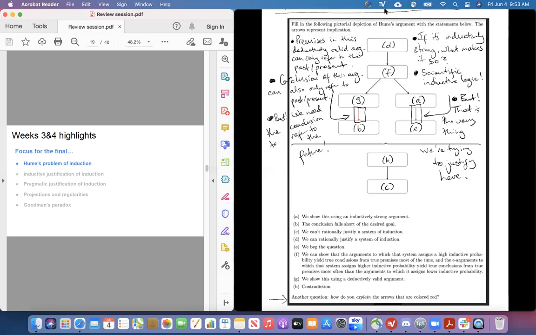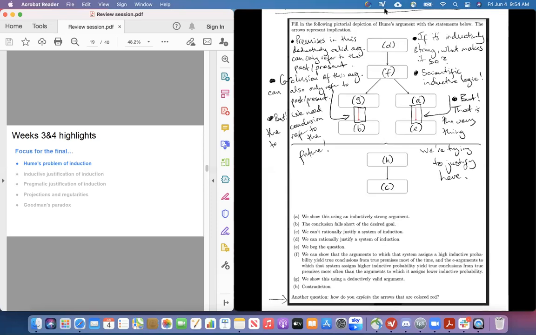I think I've asked you to do that before. You would write down what this picture says. So you would start with D. You would say, suppose we can rationally justify a system of induction. Or you would say, look, this is how his argument goes. You start by assuming he can do this. Reason, reason, reason, reason, reason. Therefore, we can't do it after all. Does that make sense, Emily? Yes. Yeah, thank you. Okay.